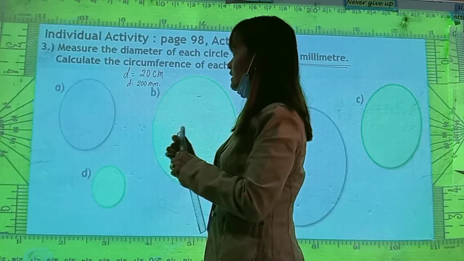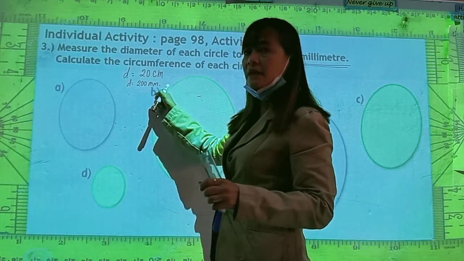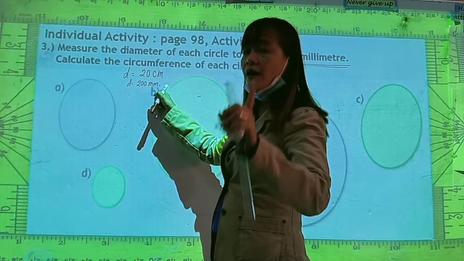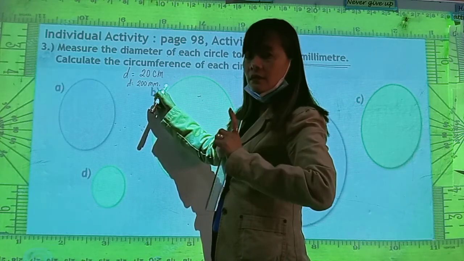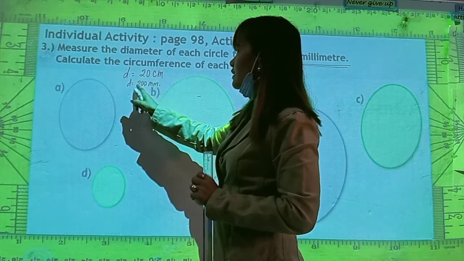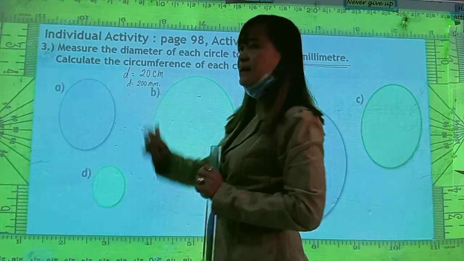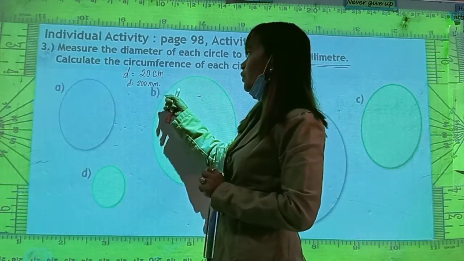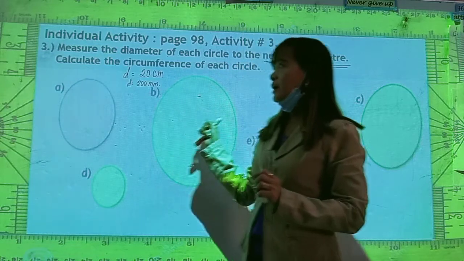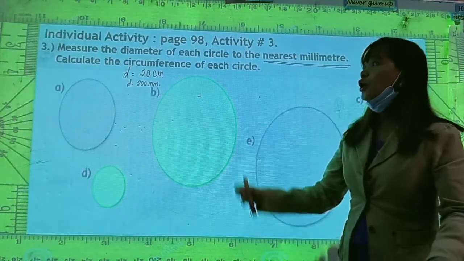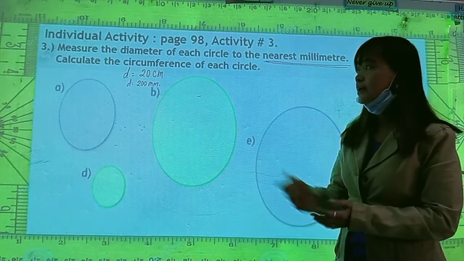Sorry, this is 200 millimeters because in 1 centimeter there are 10 millimeters. Can you follow? Can you understand, class? So this is how you are going to do this individual activity in your mathematics activity notebook. Any question, class, regarding this?